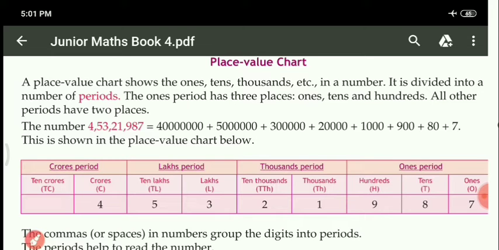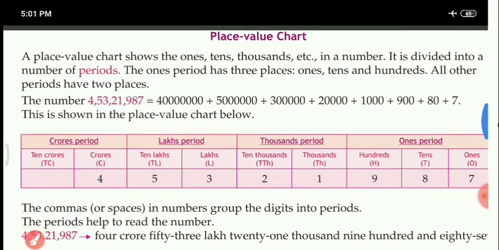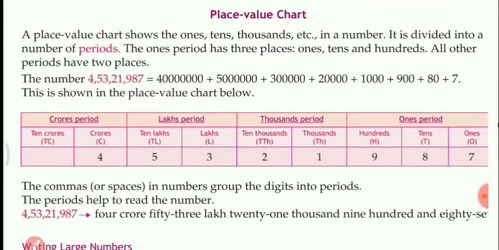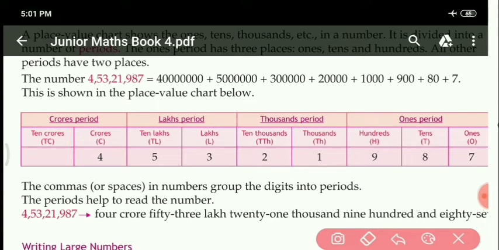Now, here is one example of how to represent a number in the place value chart. As you can see here, the number given is 4532197. Here 197 comes in the ones period, 32 in the thousand period, 53 in the lakhs period, and 4 in the crore period.